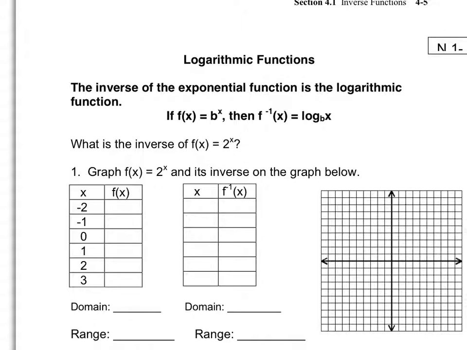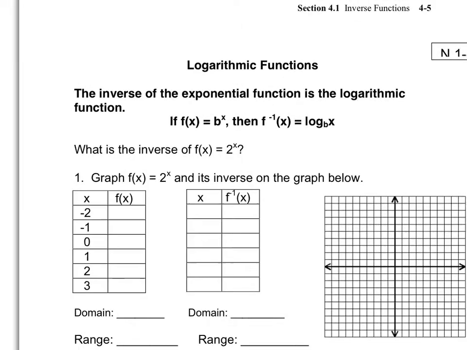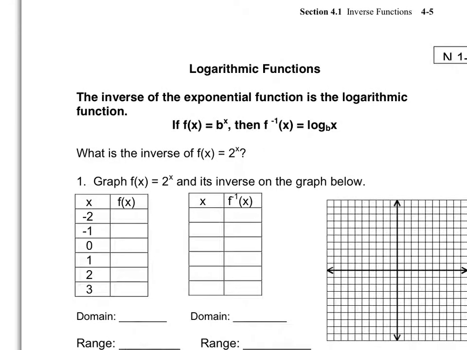Now, the problem is that in the case of exponents, if I had f of x equals b to the x power, in other words, y equals b to the x power, and I'm going to write this over here so you can see it, and I were to switch the x and the y, then the inverse would become x equals b to the y power.